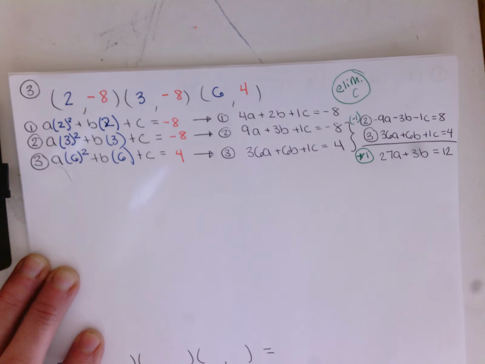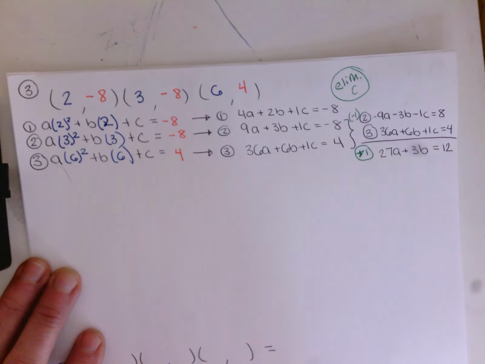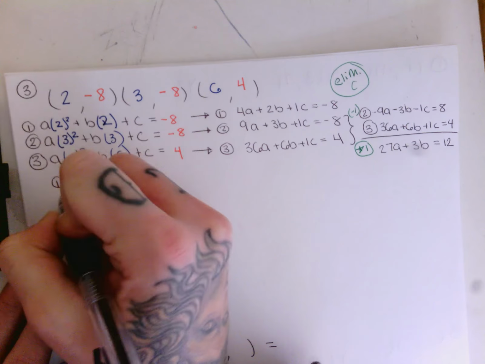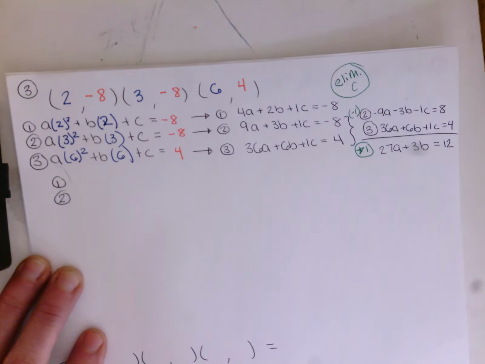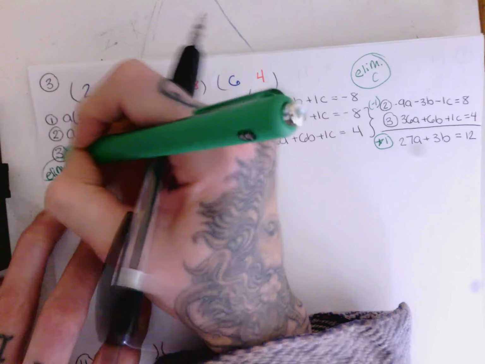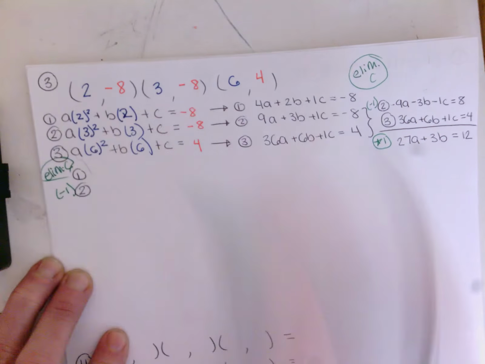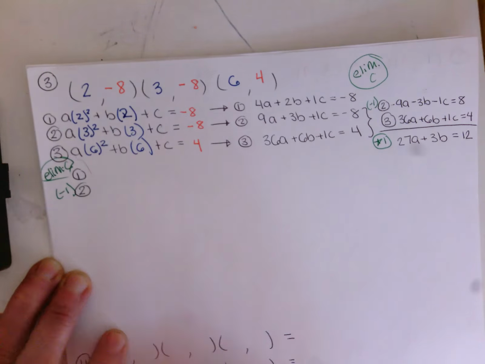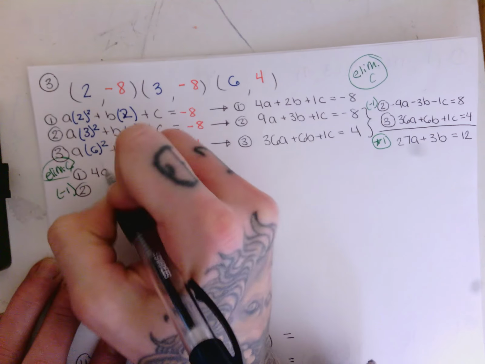Okay. Now I'm going to use 2 different equations. I already used 2 and 3, so let's do 1 and 2. Still going to eliminate c. So I'm going to multiply one of these by a -1. I'm going to keep the first equation exactly the same.